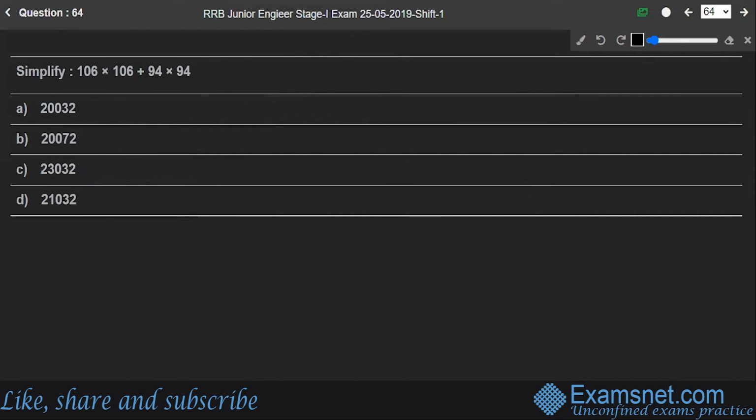Next is the 64th question. You have to simplify this expression. Pretty easy one. So see, you're noticing one thing. This is 106 multiply 106 and 94 multiply 94. Correct? So if I take A as 106 and B as 94, this is A square plus B square. And you know the identity that A plus B whole square is equal to A square plus B square plus 2AB.